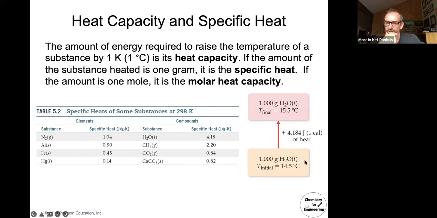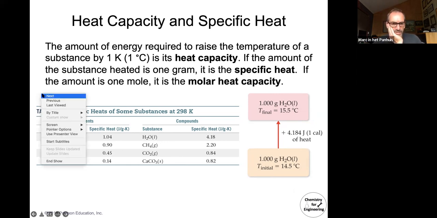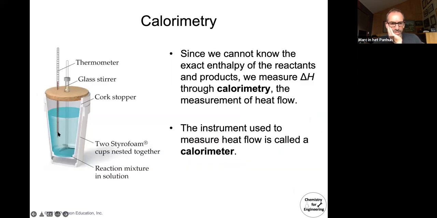There's a message there asking, do we measure the temperature of the liquid or the entire system? So we measure the temperature of the liquid. If I go back, you can see that the thermometer is inside the liquid.